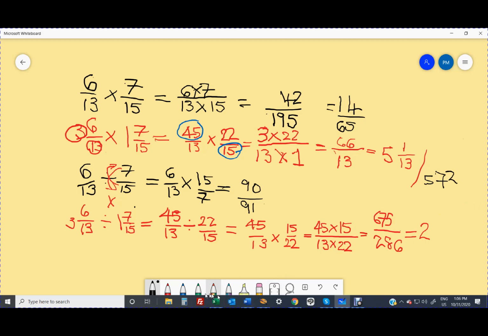We change this to a red pen again. And we go 2, and we've got 103 divided by 286.